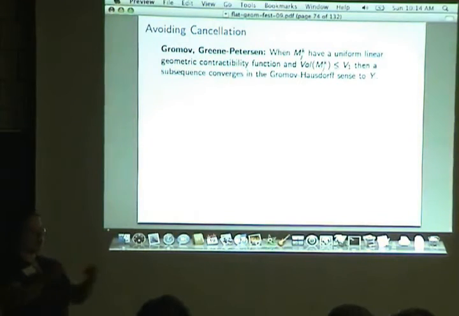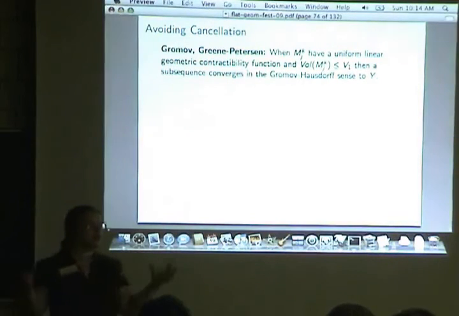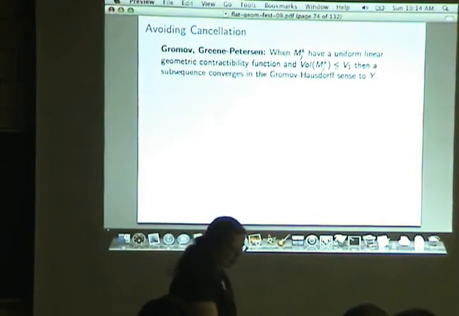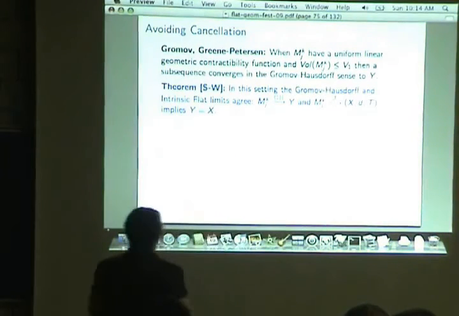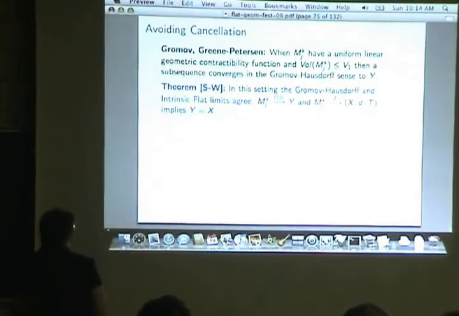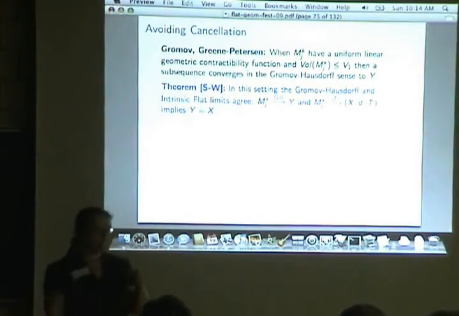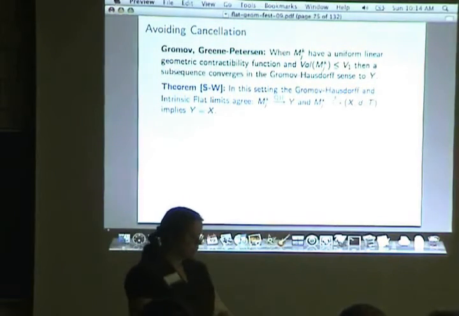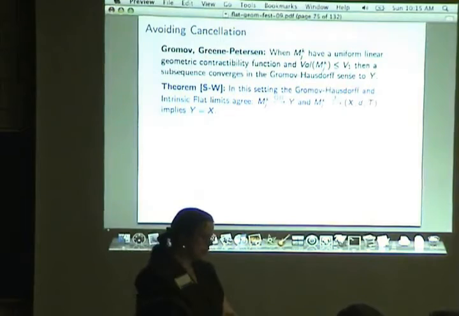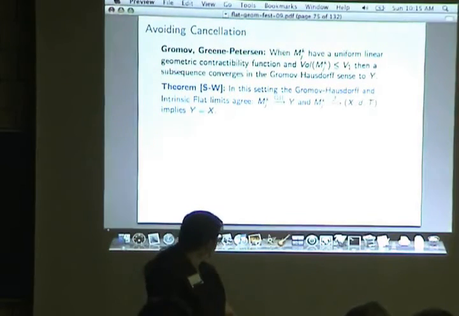What they did was show they could count the number of balls in this setting. So if there was a contractibility, and I'll describe this better, but it's not too many holes like in that picture, then there was convergence. In that setting, we can prove that the flat limit agrees with the Gromov-Hausdorff limit. This is already on the archive, but we have it phrased in geometric measure theory language in our paper there.